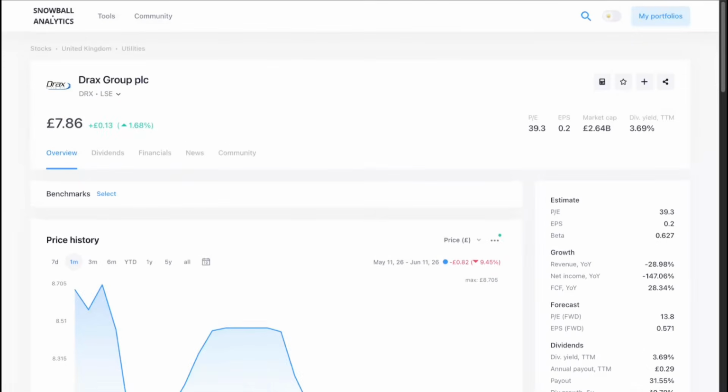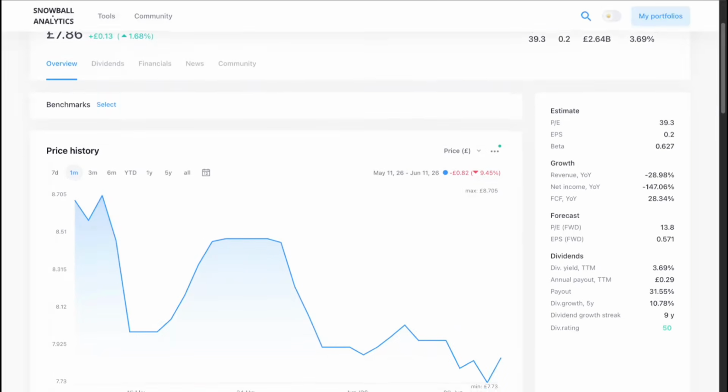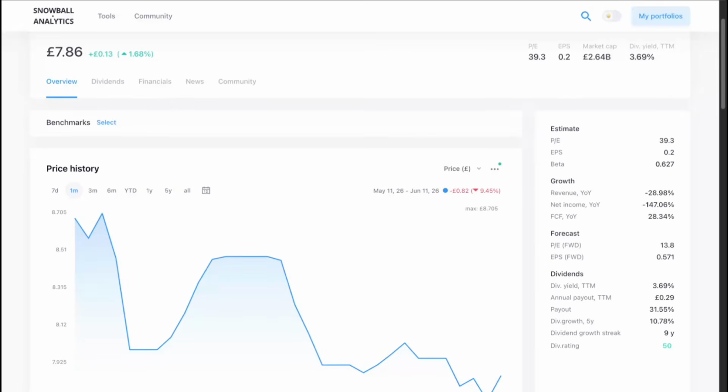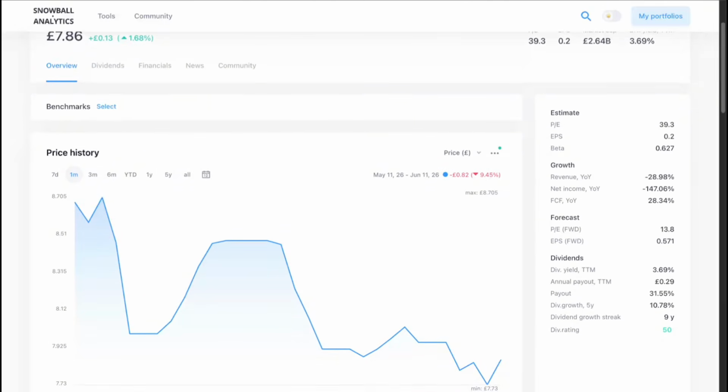£44.85. This then leaves me with the final stock that I'm going to be adding to in today's video, and that is Drax Group, stock ticker DRX. Very similar to MP Evans, it's one of the bad performers in the month of May, and they're down 9.45% over the last month, which means their dividend yield now sits at 3.69%.